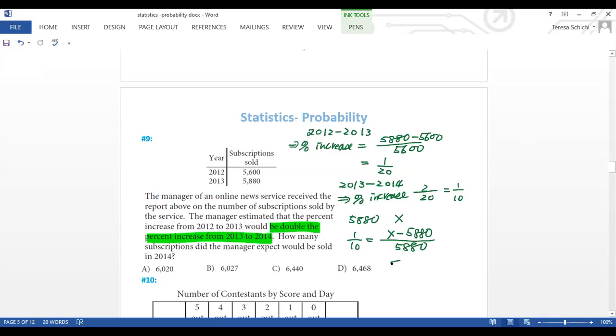Then you can do the cross product. So you will say 5AA0 is equal to 10x minus 5AA00. Then you can solve for x. So the x here is 6468. Okay, good. I like those multiple choice questions. If you got the answer, then most likely you know it is right.